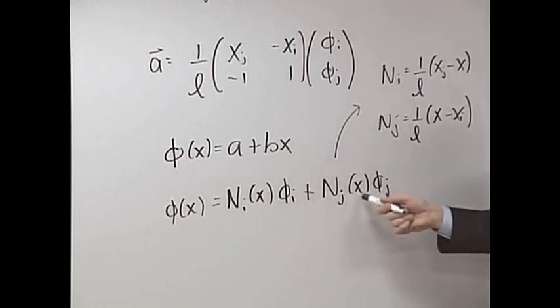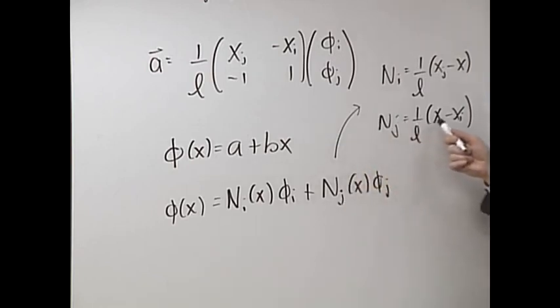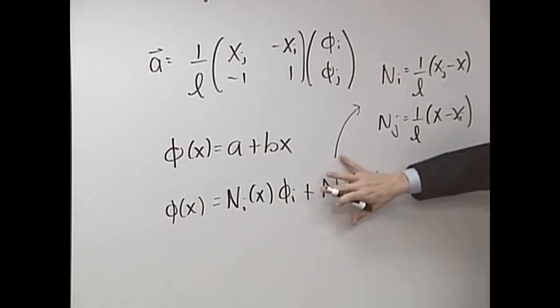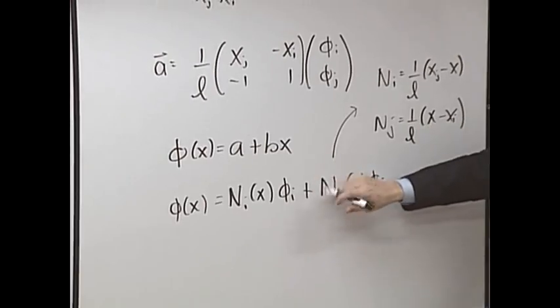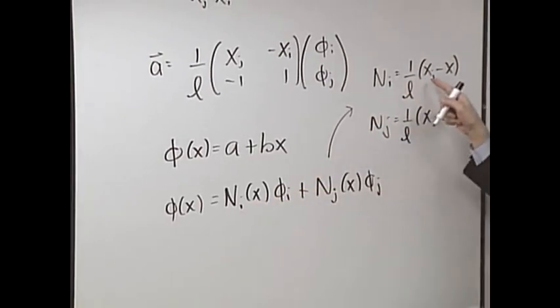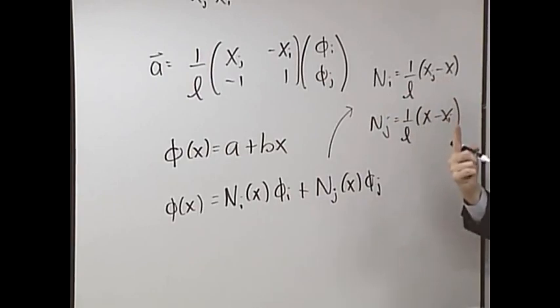Nj, put in x of i. x of i minus x of i? 0. Nice. Gone. What about here? xj minus x of i? That's L, isn't it? So L over L is 1.